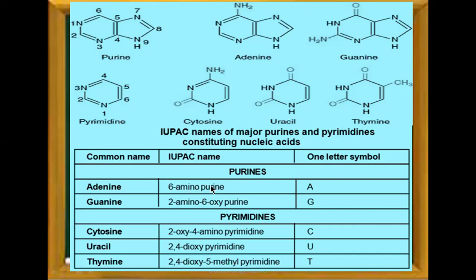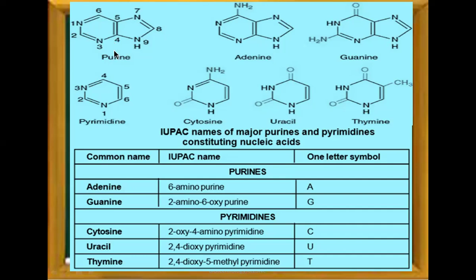Why do we mention 6-amino purine? Because this is 1, 2, 3, 4, 5, and 6, and at the 6th carbon atom there is the presence of the amino group. You can keep in mind the parent structure: at the 6th carbon atom, add the amino group, then that will become adenine.